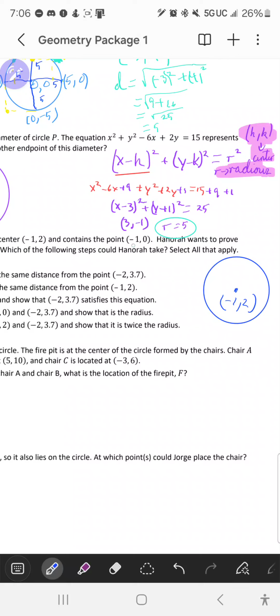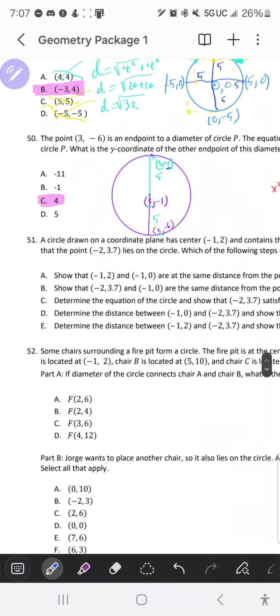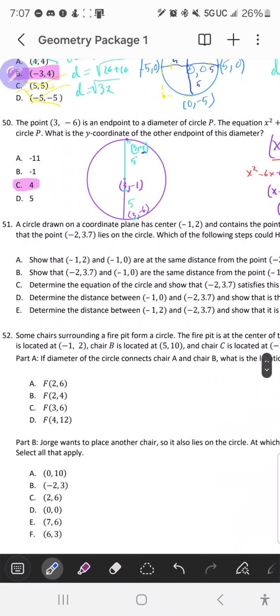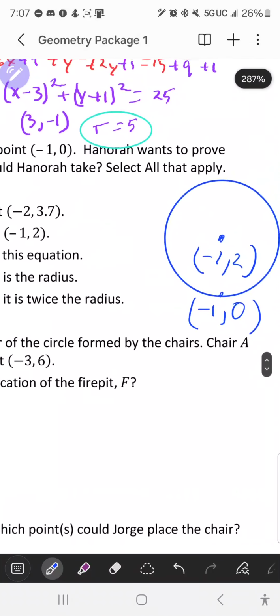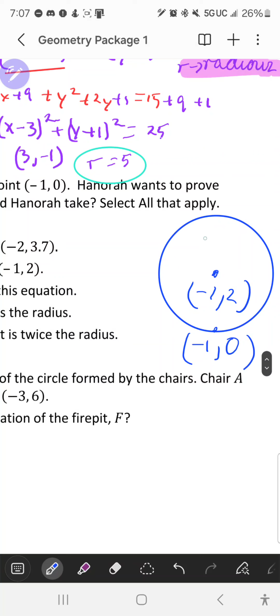And then it contains the point (-1, 0). And she wants to prove that the point (-2, 3.7) is on the circle. So this point right here, (-2, 3.7), is on the circle.